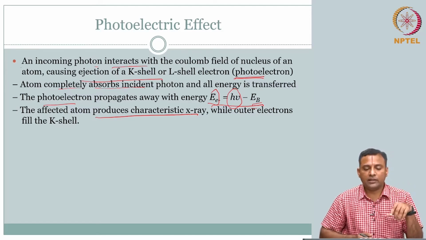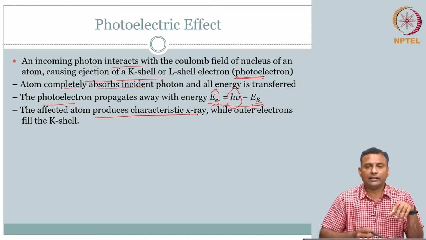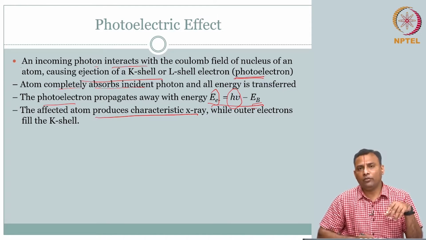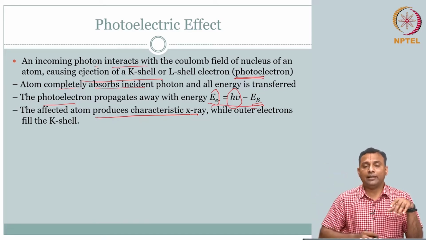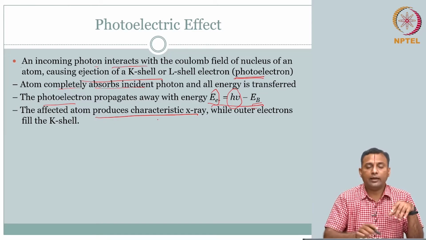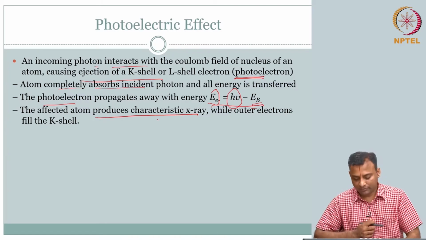So, that is your characteristic X-ray. Of course, the characteristic X-ray will also be of lower energy. So, now you have both the photoelectron that can go and cause subsequent interaction, and the characteristic X-ray that can also interact further. Clear?